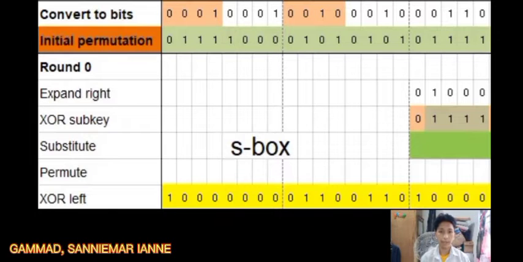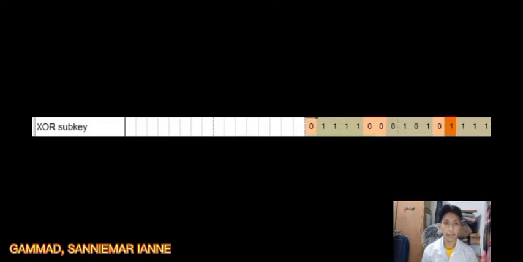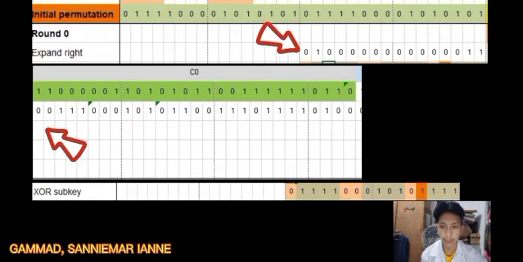So I'm going to discuss to you the XOR subkey, the substitute, and permute. So first is the XOR subkey. To get this, we must use the expand right and this column. So first, 0 plus 0 is equal to 0.